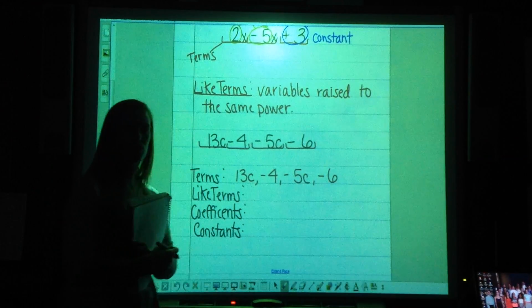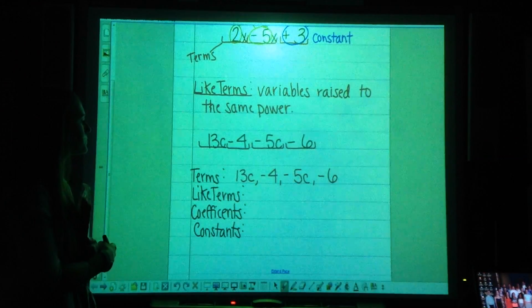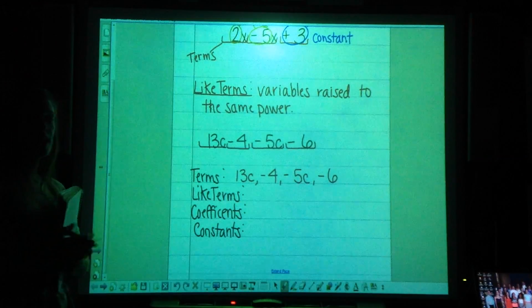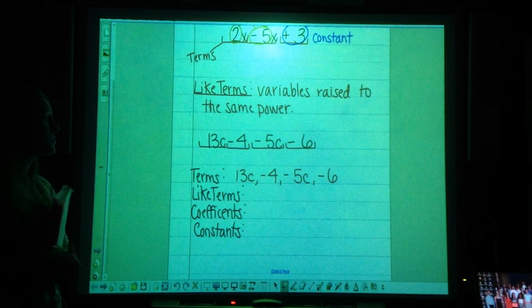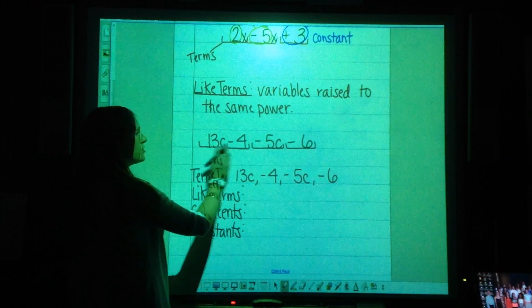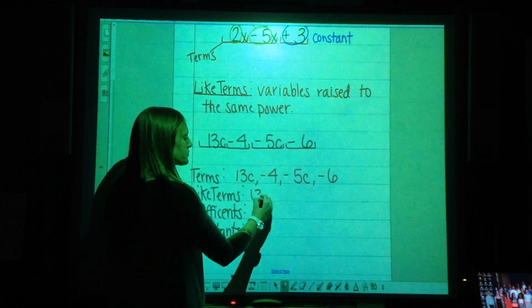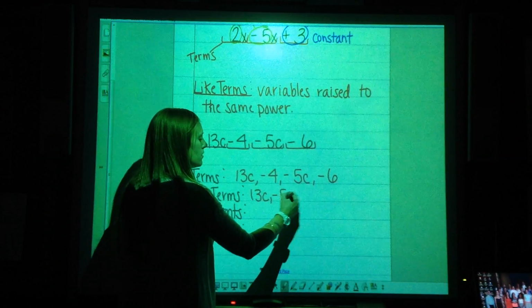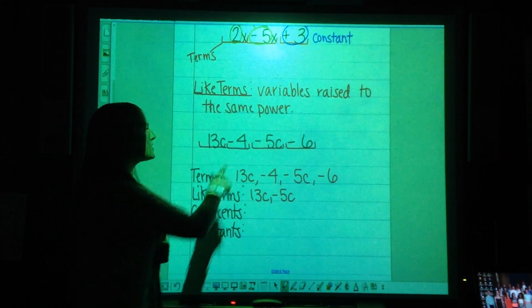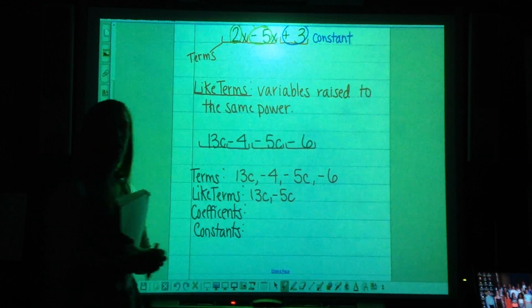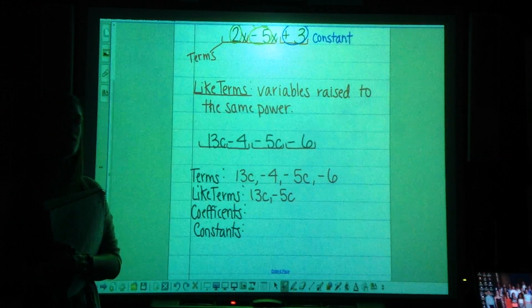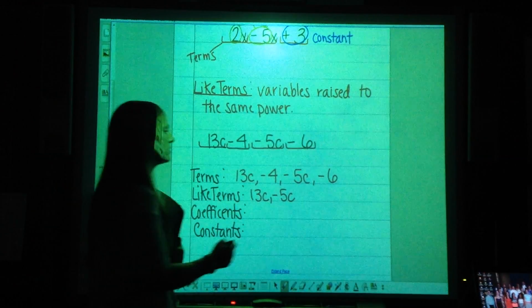It doesn't matter the order in which you list them. Like terms have to have the same variables raised to the same power. So I see that 13c and negative 5c are like terms. Negative 4 and negative 6 are also like terms because they both do not have a power.